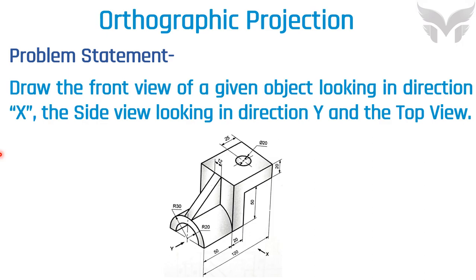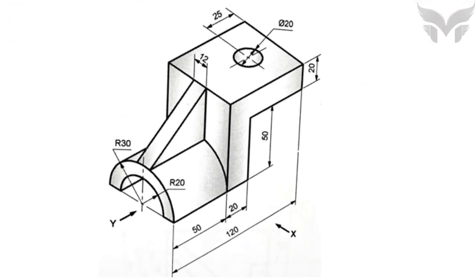In this problem, the direction X is for the front view and Y is for the side view as per the given data. But from the Y direction, which side view you would see, you need to identify. I mean, left hand side view or right hand side view. And it's very intuitive. See, X is the initial position of an observer from which the observer sees the front view of an object.